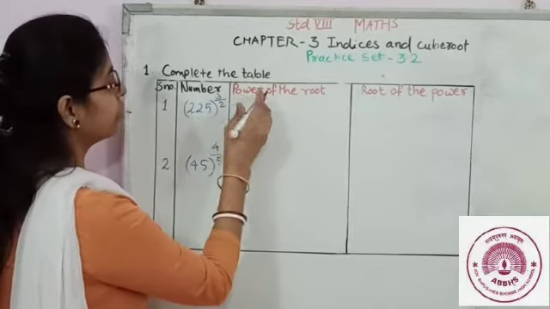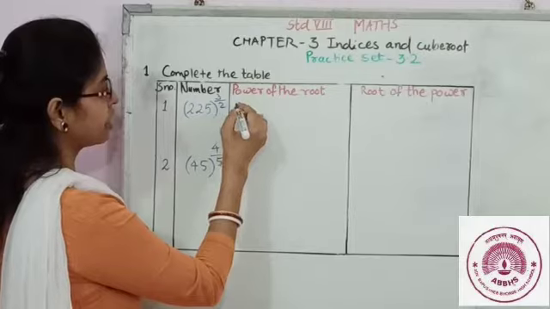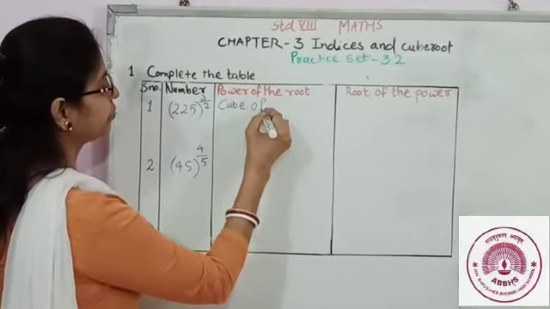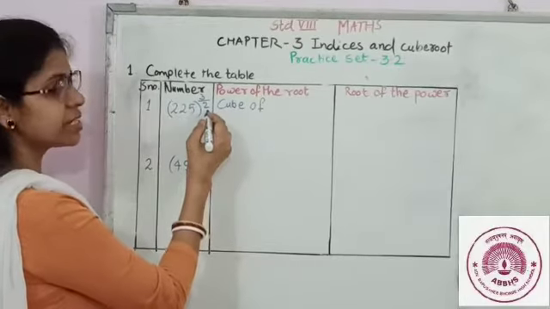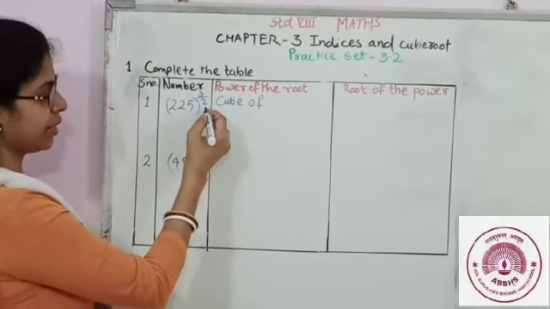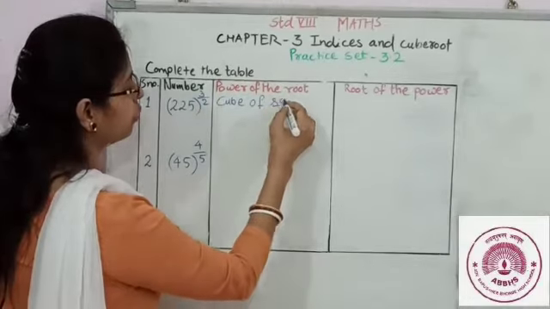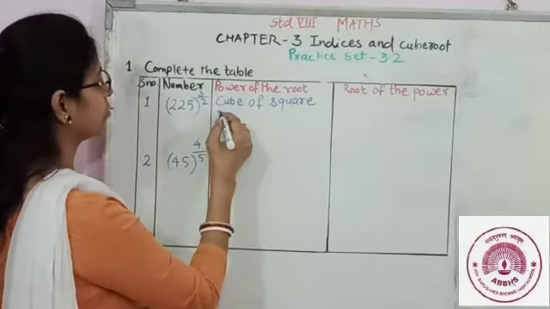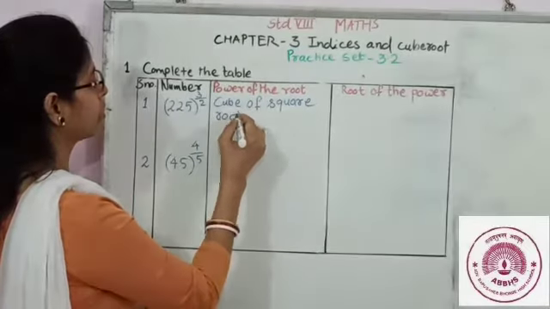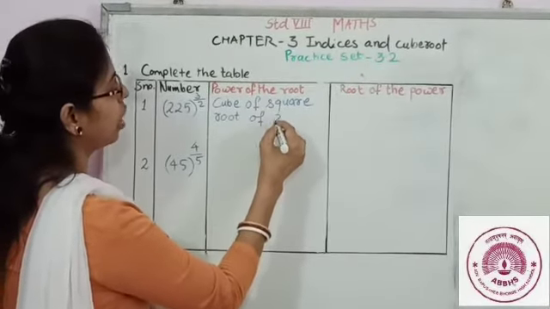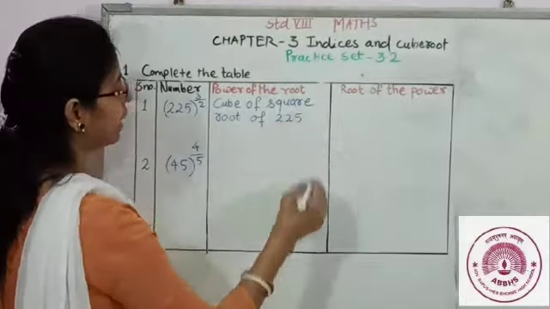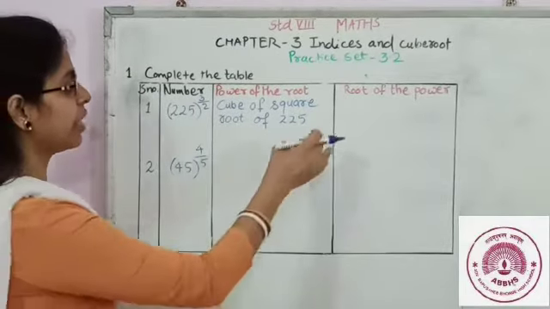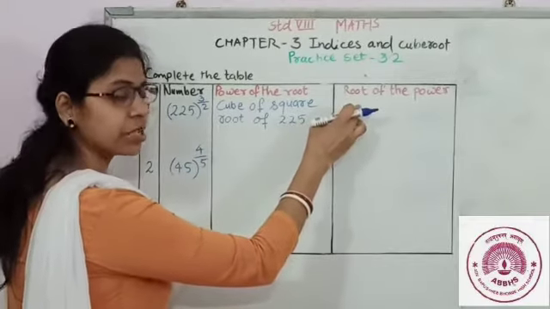So let's write it. The first here we have to write as power. So power is cube. So cube of, now the root here is square root because 1 upon 2 is there. So square root of 225. Okay. Now here we have to write the root part first.